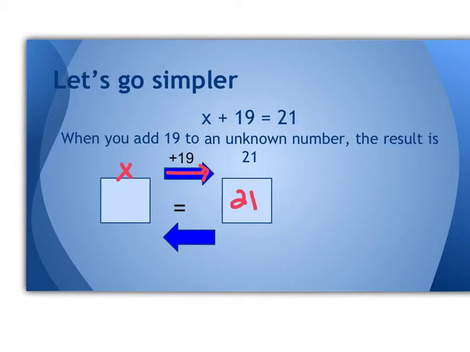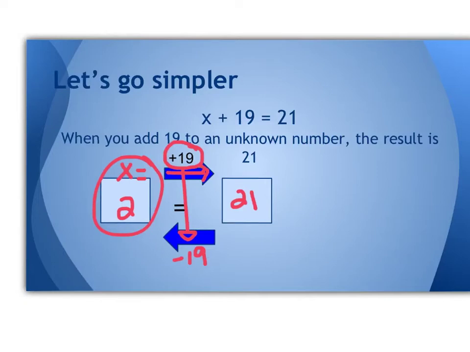Now, how do we do the inverse? Go backwards. Well, it says adding 19, so down here I'm going to subtract 19. When you do 21 minus 19, you get 2. So x equals 2. That's our answer. Another equation solved.